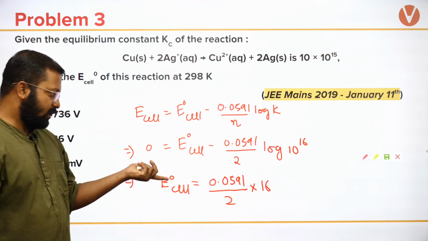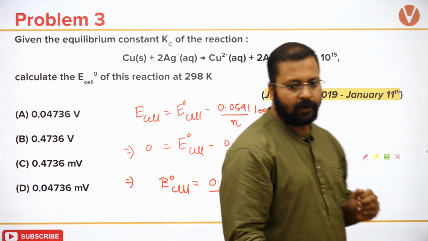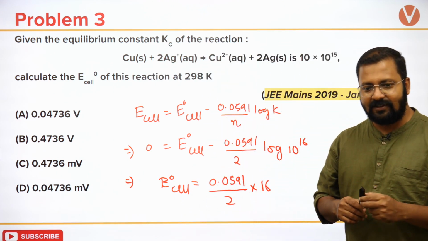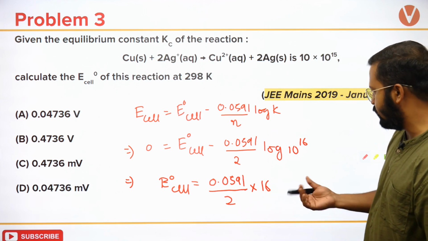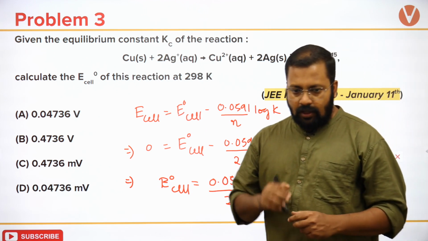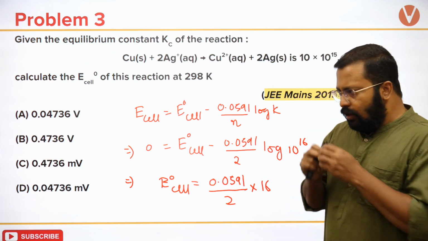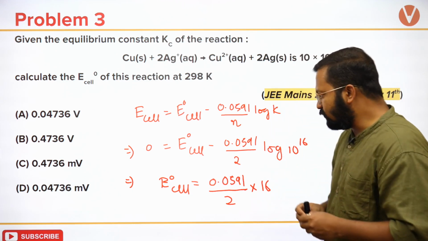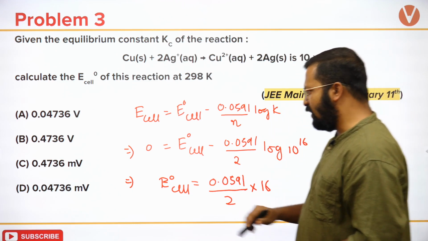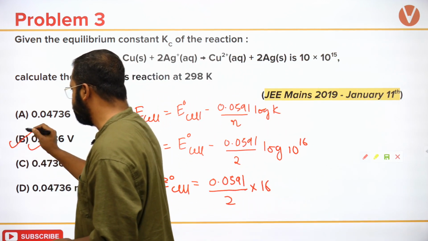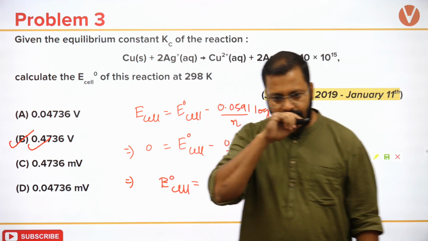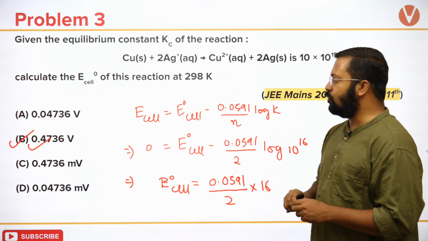Minus minus cancel हो जाएगा. You will get a positive answer. So your answer should be equal to, कितना आंसर आ रहा है? The answer will come to be, it will not be in millivolts. I think the answer should be B.